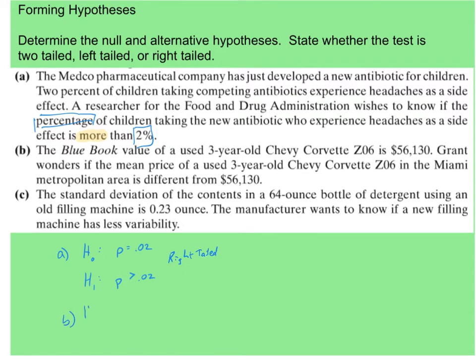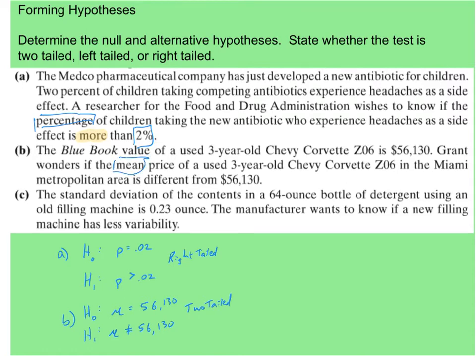Part B, null hypothesis, colon, alternative, colon. In this one, part B, we're testing means. So we're going to say that mu is equal to $56,130. And the alternative, mu is not equal to $56,130. This one is two-tailed. So what clued me in on this one?